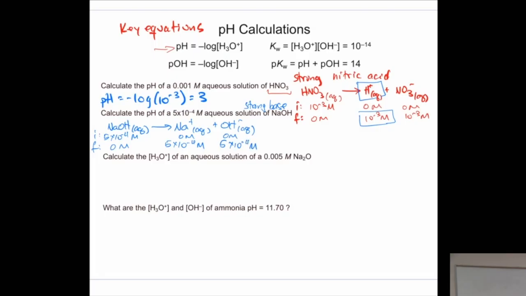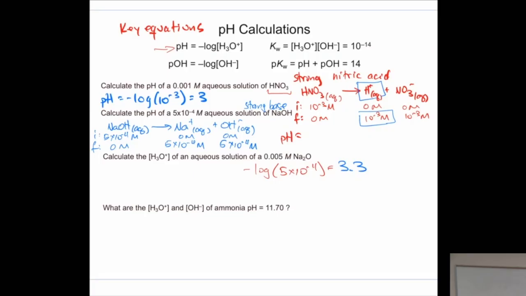So, what's the pH? You might need your calculator for this one, if you can't do negative log transformations in your head. 3.3. So what's the pH? 10.7.